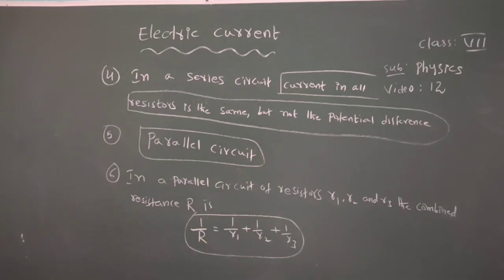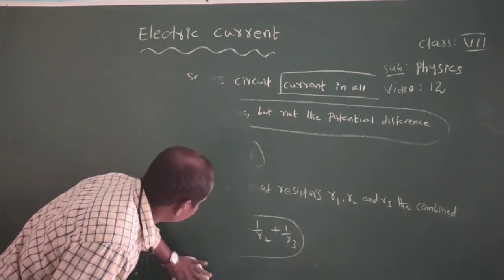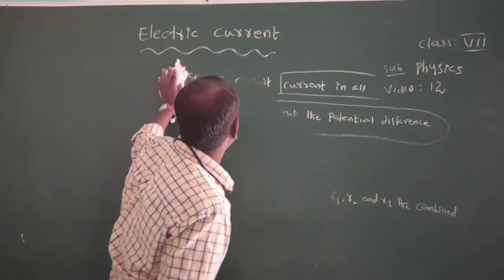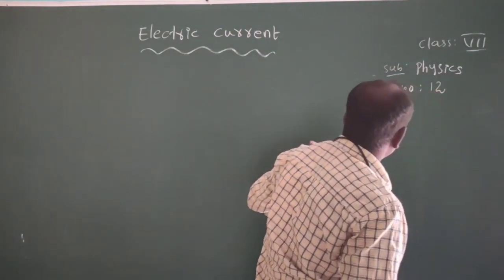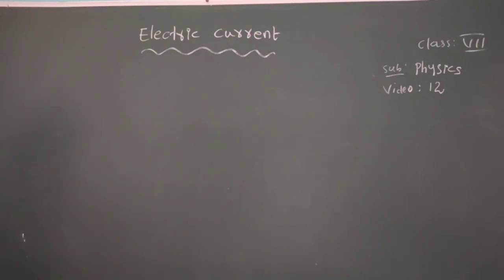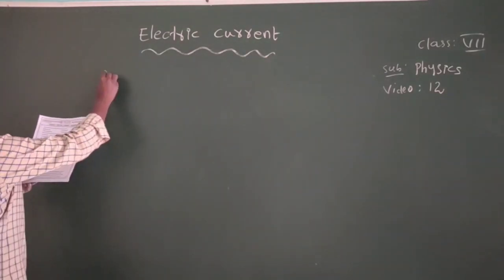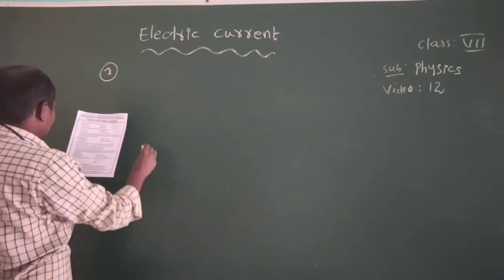Okay. Next, question number 7. In a parallel circuit, all resistors have the same potential difference but not the same current.